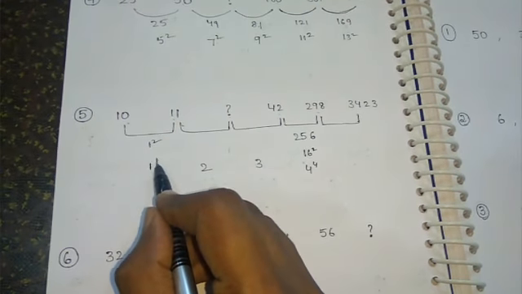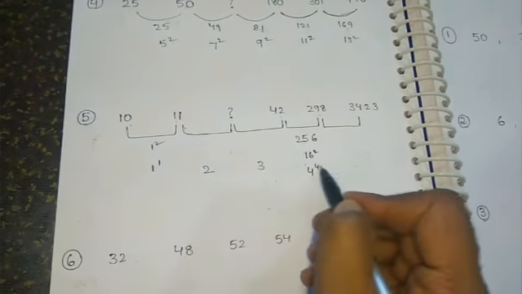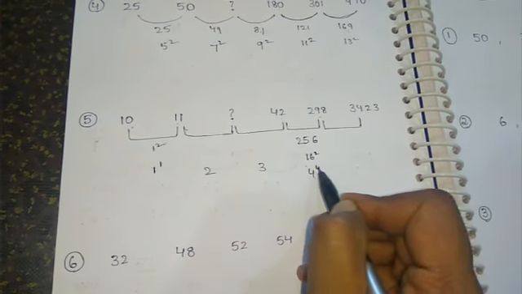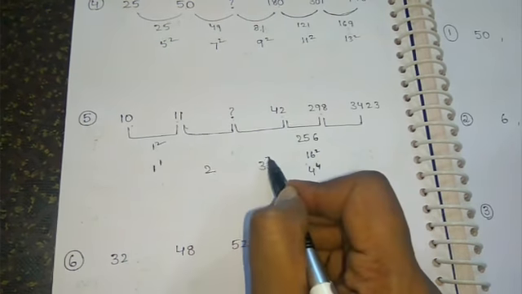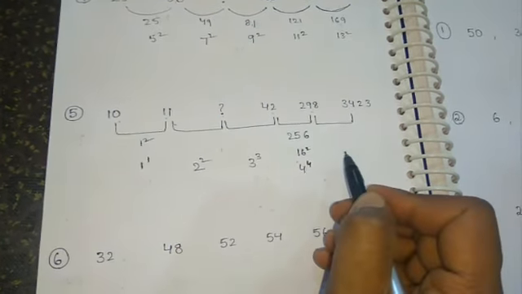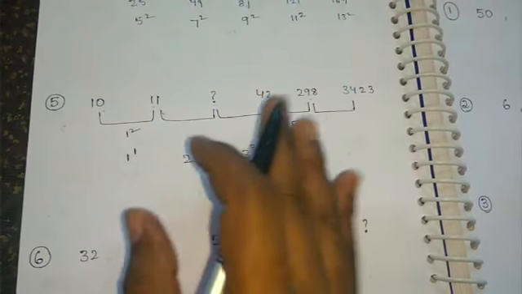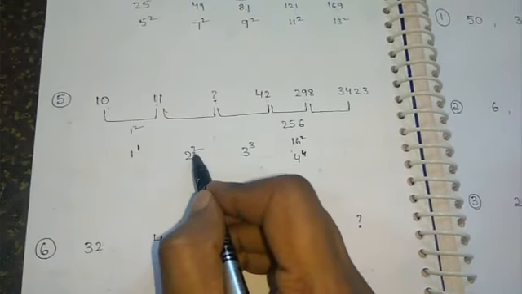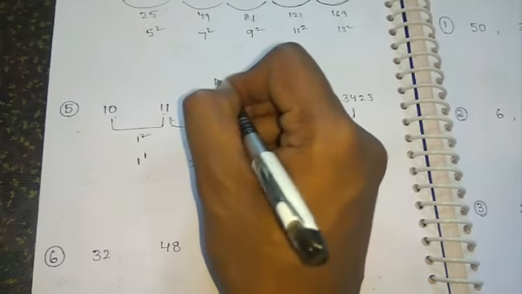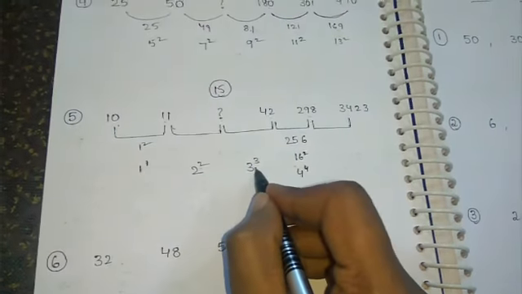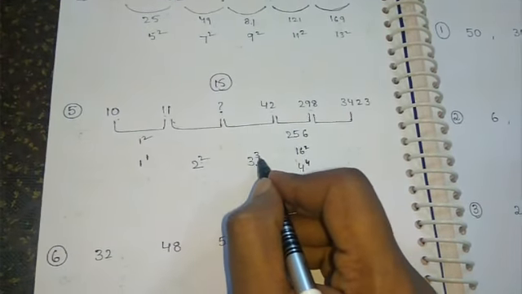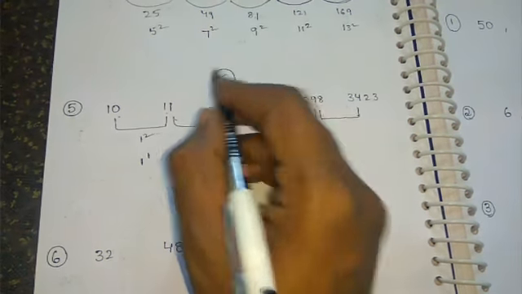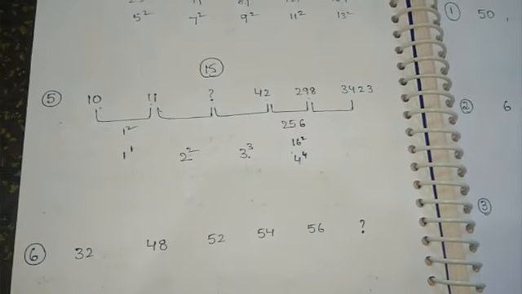So 1 power 1, we can treat this 1 as 1 power 1. We got 4 power 4. In the powers also, we can take 3 and 2. So this can be a possibility. So we should check whether it is right or wrong. 2 square is 4. So 11 plus 4, it is 15. 3 cube 27. 27 plus 15 is 42. So it is right. Okay.